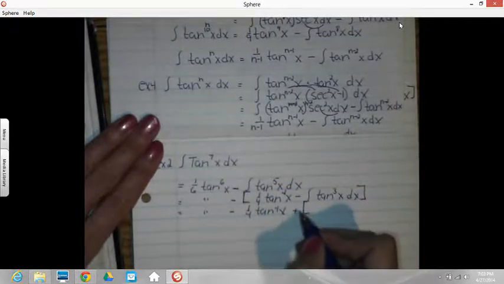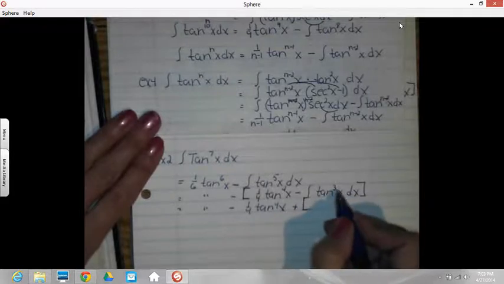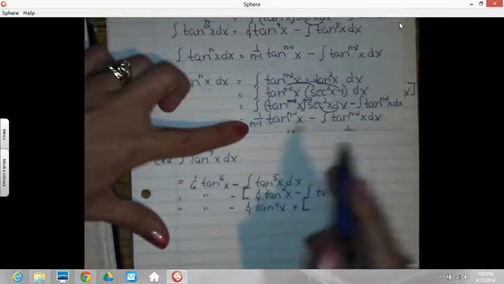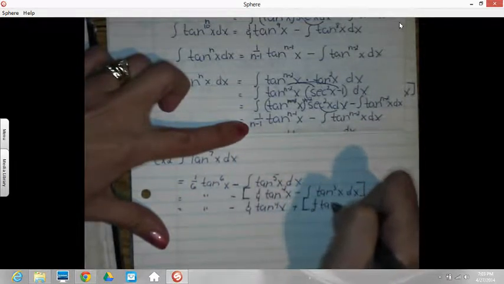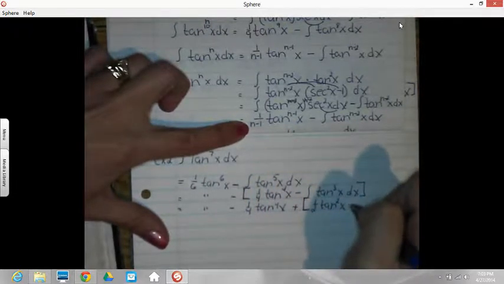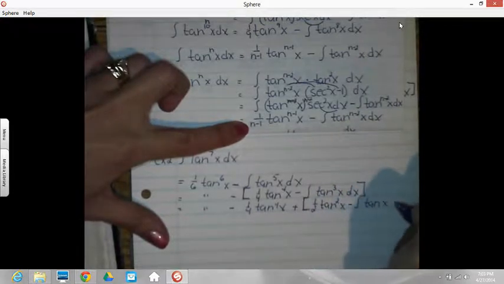But it's a positive one, so it's not really necessary. Write up the reduction formula with n being a 3. So 1 over 3 minus 1 is 1/2, tan to the 2nd minus the integral of tan, 3 minus 2 is 1, x dx.